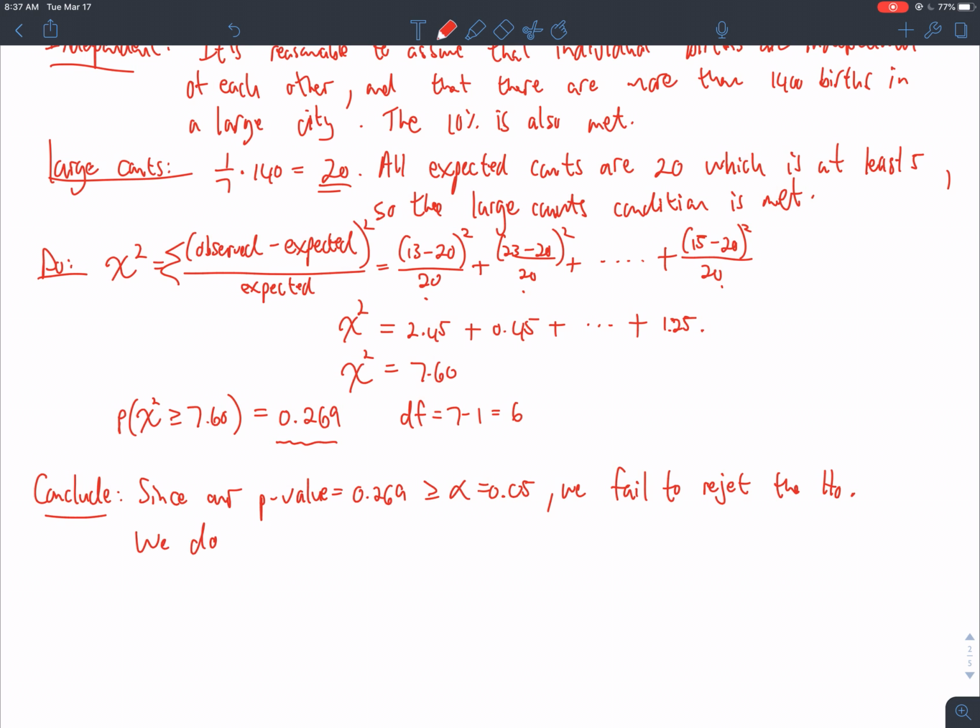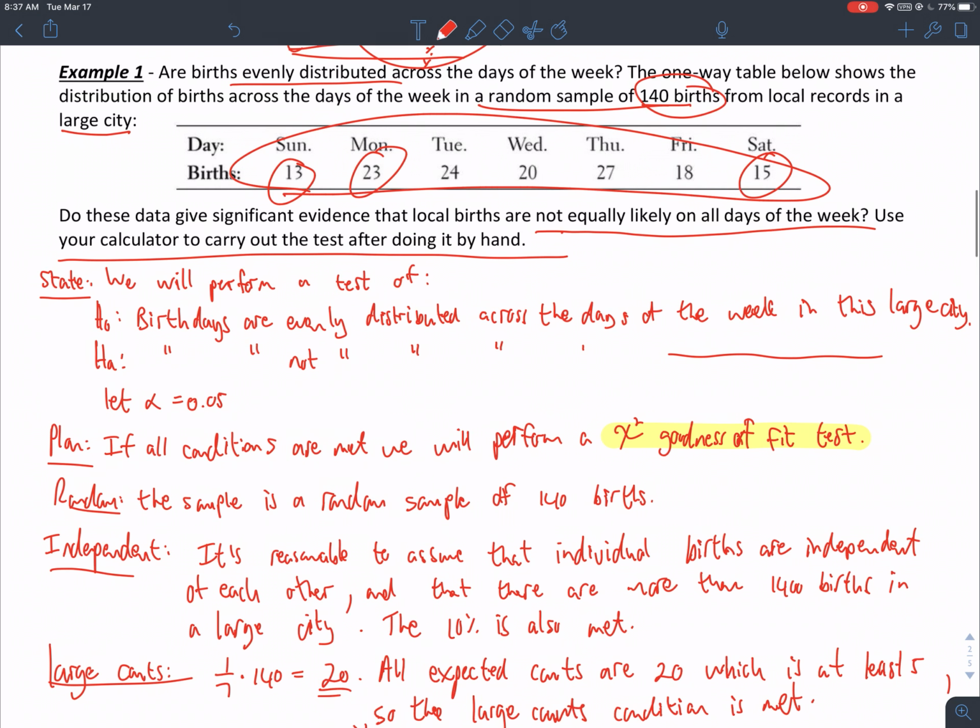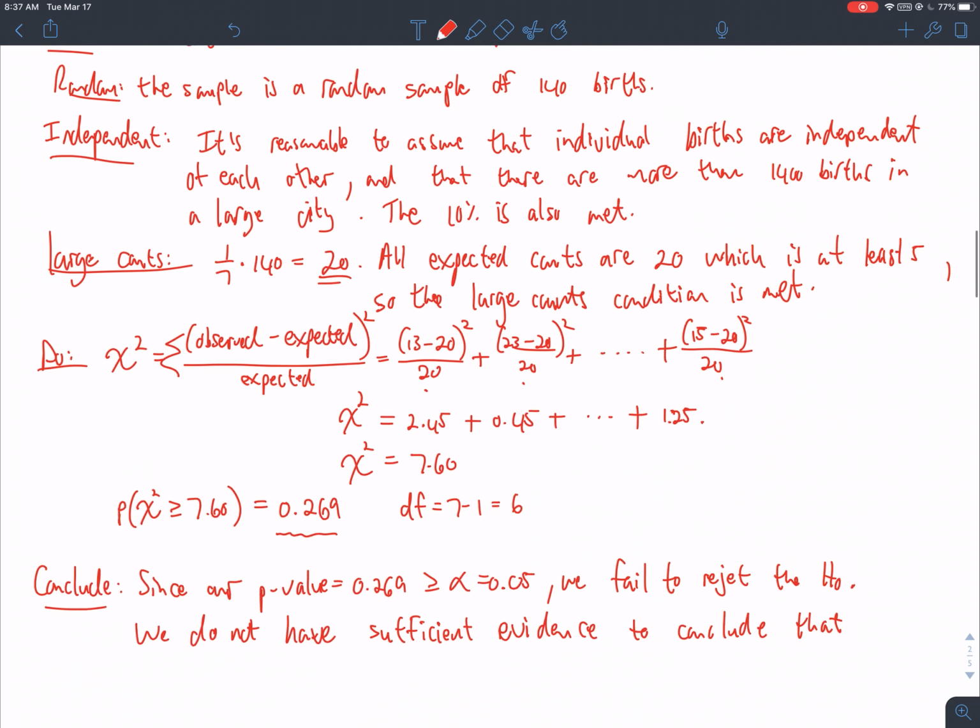We do not have sufficient evidence to conclude that, what was our alternative hypothesis? The birthdays are not evenly distributed.